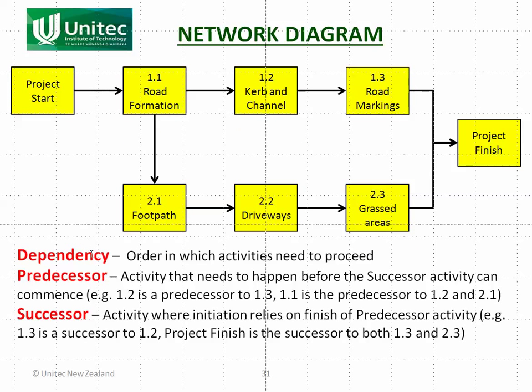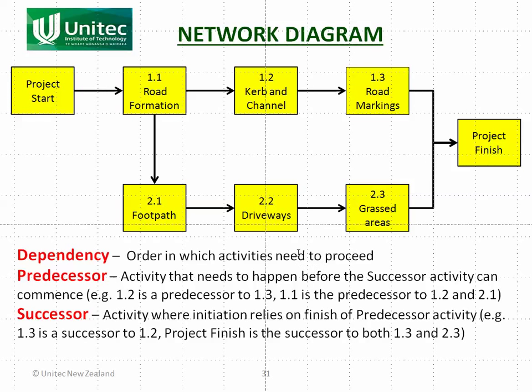So the concept I want you to get from this is dependency. Dependency is the order in which the activities need to proceed. So this needs to happen before this happens. 2.2 needs to happen and be complete before 2.3 starts. So that's what dependency is.